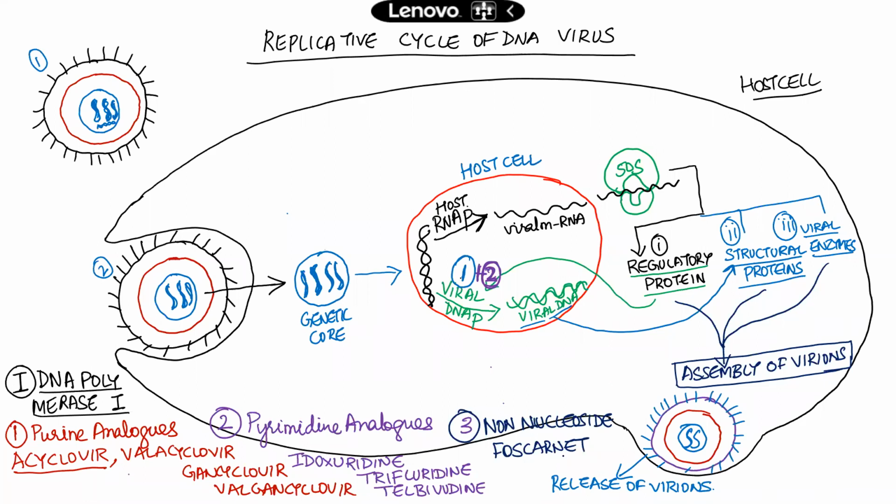So what Foscarnet does is it also acts at the level of the viral DNA polymerase. But the way it acts is it causes some disturbances in the phosphate nucleotides of the viral DNA polymerase. So if you want, you can go ahead and write number 3 again at the level of the viral DNA polymerase. So this is how the drugs that are related with the DNA viruses act.